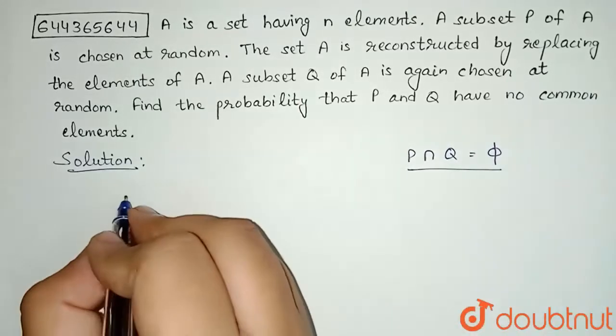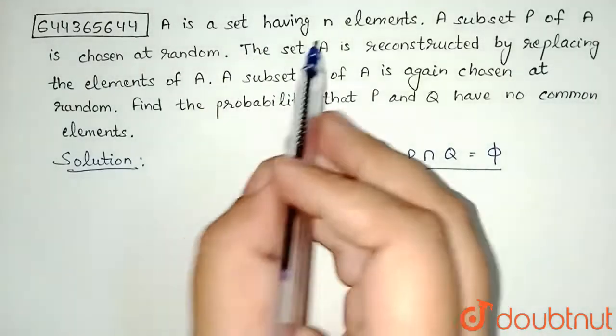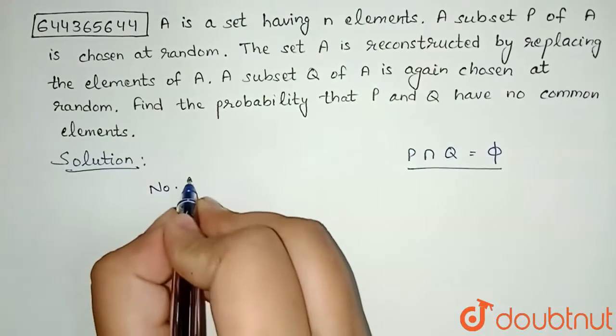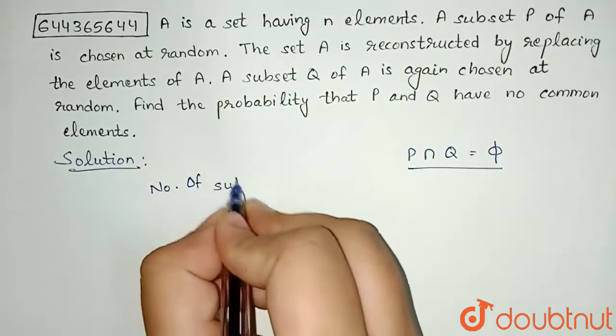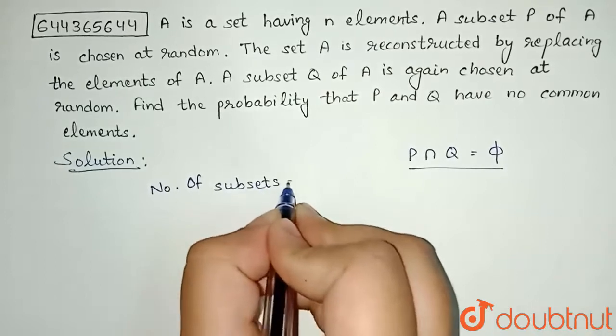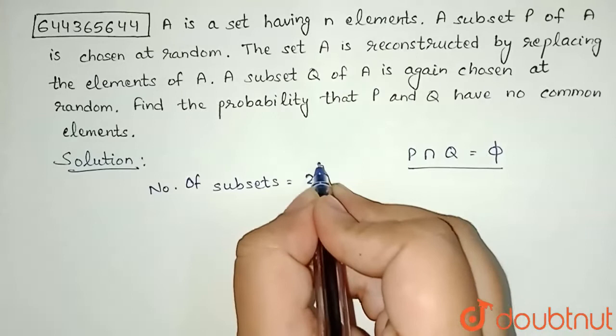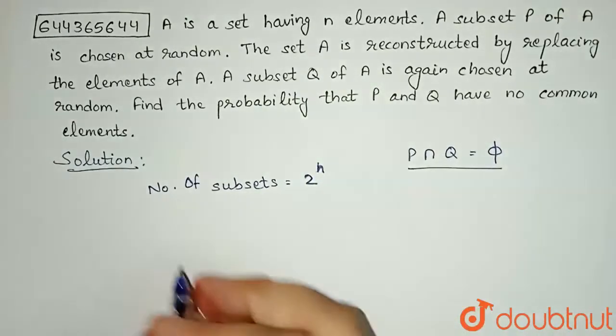Now, how many elements does set A have? n elements. So the number of subsets, when the number of elements in the set is n, is equal to 2 to the power n. So the number of subsets of each of P and Q will be 2 to the power n.